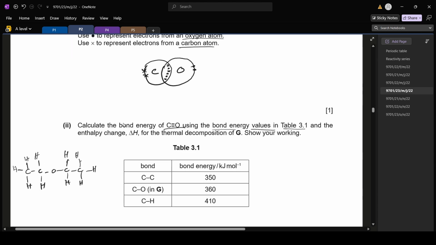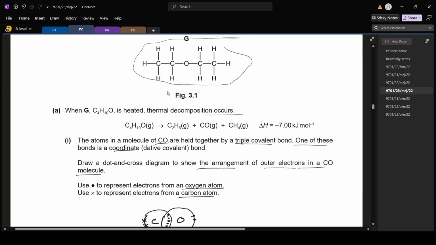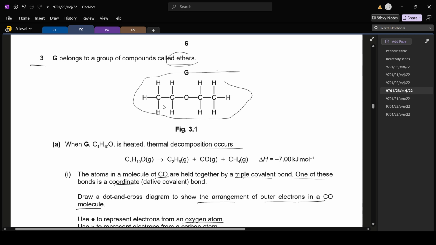To calculate the bond energy, we have to form an equation to calculate the enthalpy change. Enthalpy change is calculated by subtracting the product bond energies from the reactant bond energies.